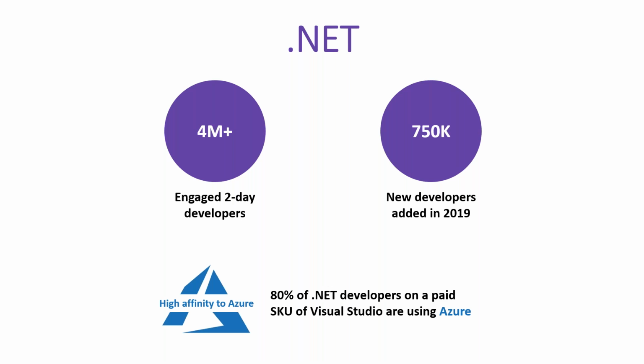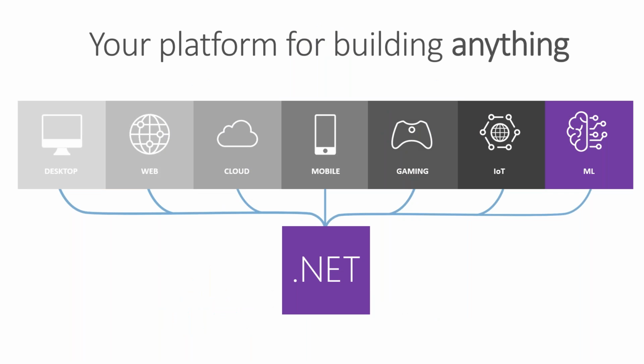And there's a high affinity to Azure, so you don't have to use Azure to be using .NET, but we know that 80% of the .NET developers on a paid SKU of Visual Studio are also using Azure. So that is important, and also .NET is a great place to do a lot of Azure development.